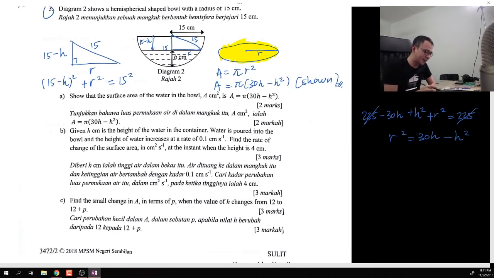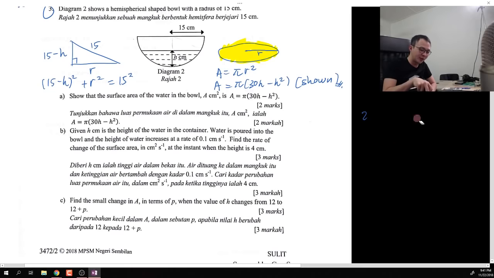Then the second part over here, given that h is the height of the water in the container. Water is poured into the bowl, and the height of the water increases. So this is very interesting. The water increased 0.1. You should know this is volume increasing, so this one will be dV dt.